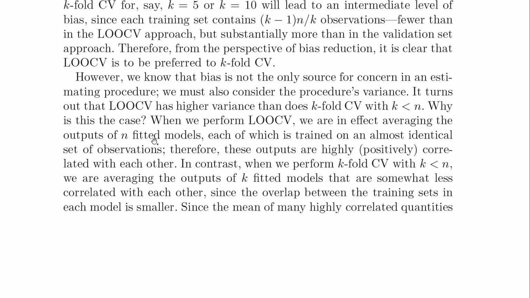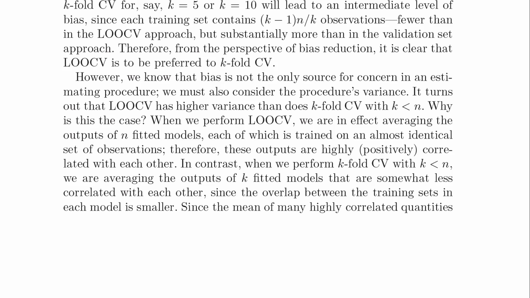When we perform leave one out cross-validation, we are in effect averaging the outputs of n fitted models, each of which is trained on an almost identical set of observations. Therefore, these outputs are highly correlated with each other. In the leave one out, each time you calculate the mean squared error by omitting just a single observation, you're basically using the same data set each time.